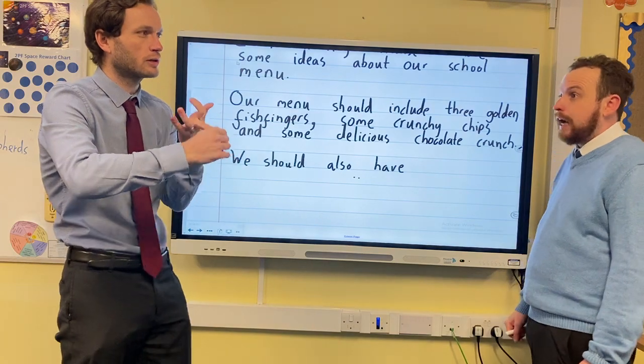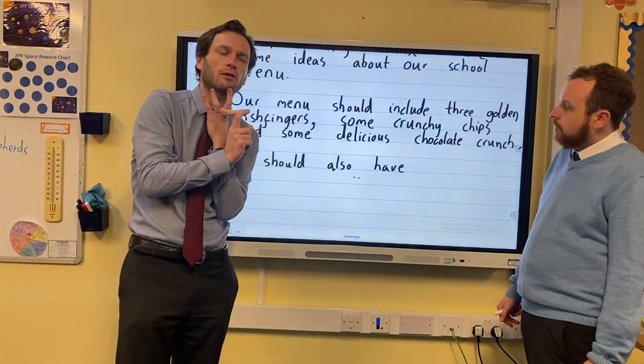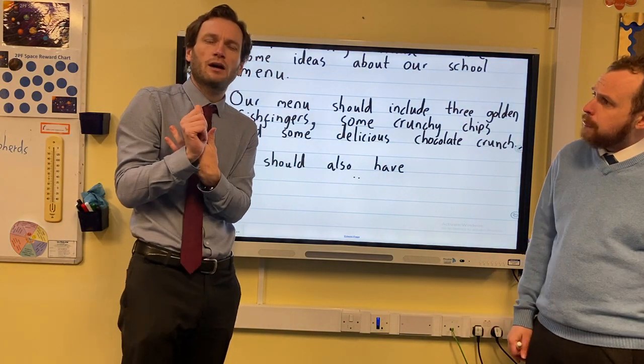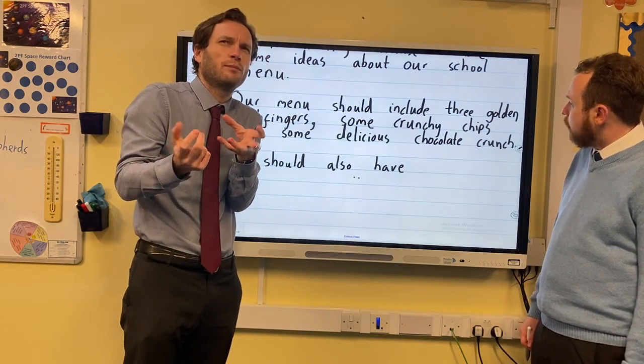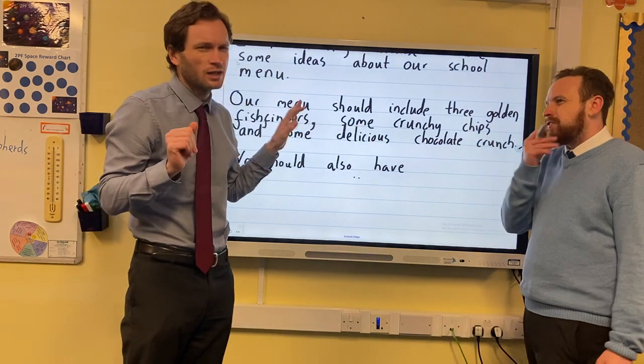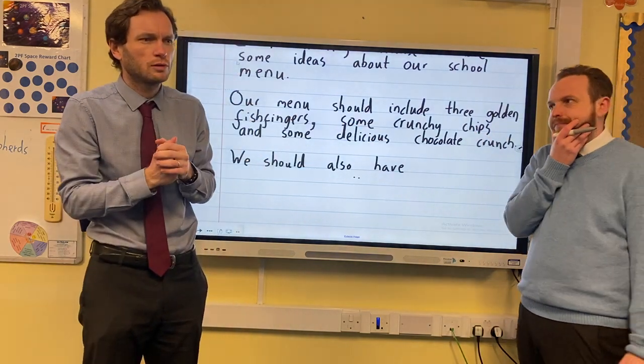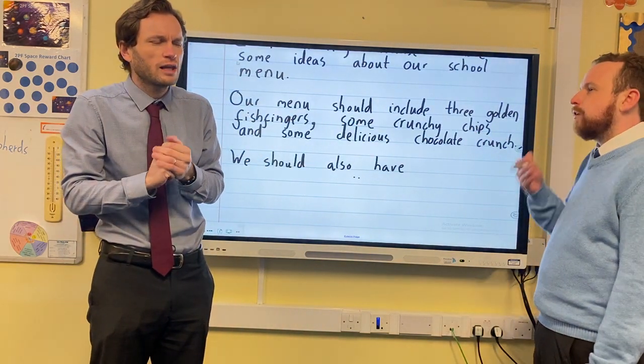So how should we write apple crumble? Some sweet apple crumble? I was thinking some crunchy apple crumble, but let's not do that because we've already used that word, haven't we? Yeah, let's go with sweet apple crumble.